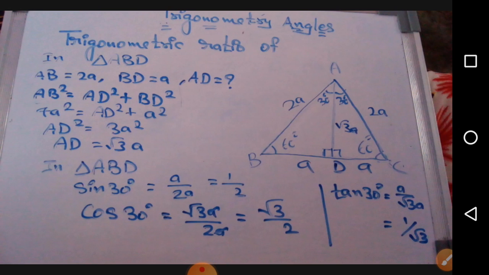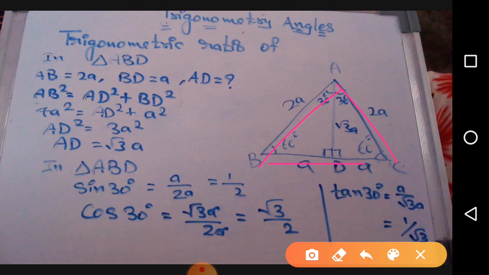For the same, we have taken an equilateral triangle, and in exam no one will ask about how to prove. It's only for your knowledge purpose. Whenever you forget, you can derive this. So as the property of an equilateral triangle, all the sides are equal.